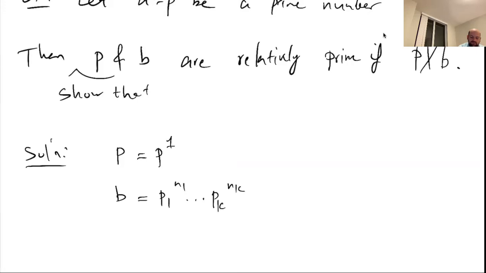And remember, if I want to find the GCD, I need to make the lists the same, so the same prime factors appear in both. So I can write the first as P to power 1 times P1 to power 0 times Pk to power 0. And the second as P to power 0 times P1 to power N1 times Pk to power Nk. And then for the GCD, I need to list these prime numbers and then choose the smallest power for each.